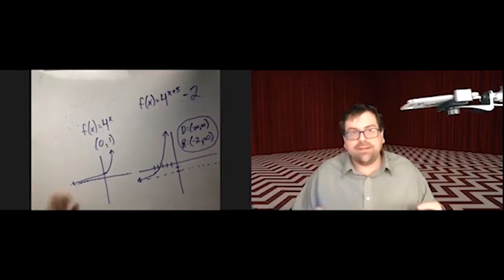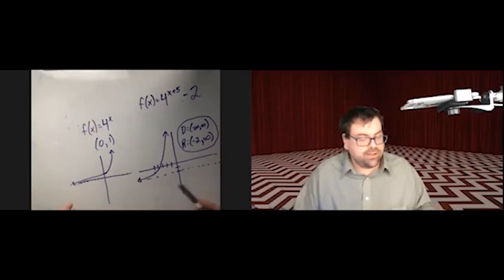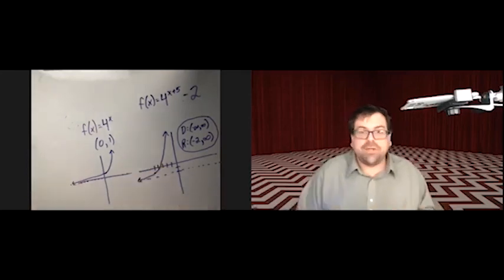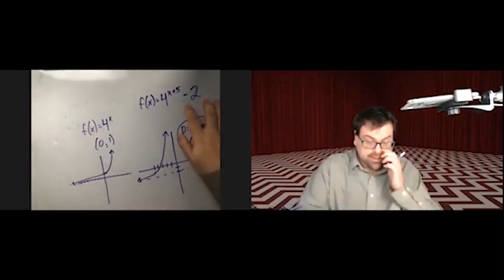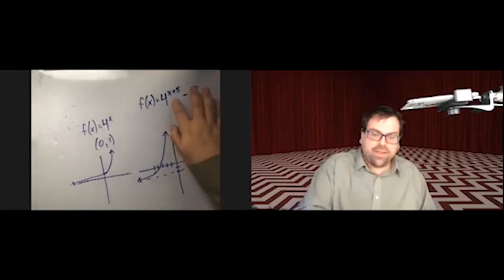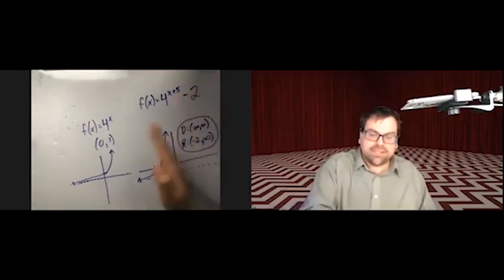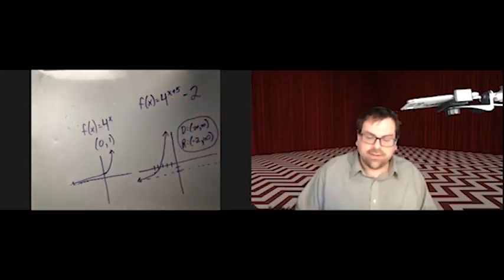All things we did earlier in the semester with other functions. Now we can also do those with the shape of an exponential function. Adding or subtracting to the entire function moves it up or down. Adding to the x moves us left, subtracting from the x moves us right.